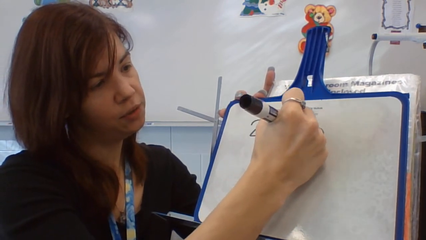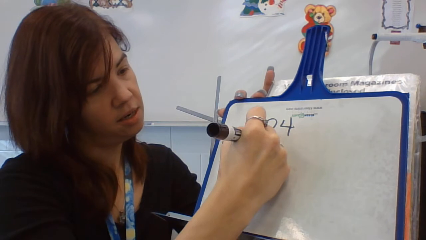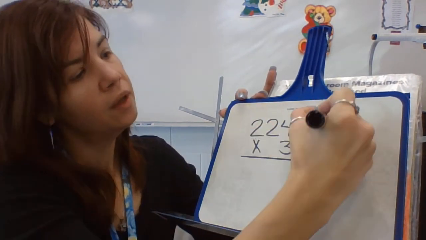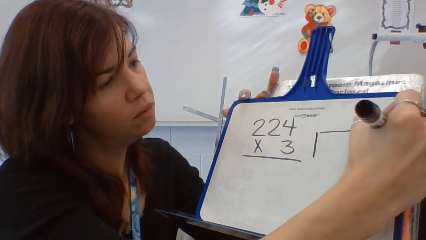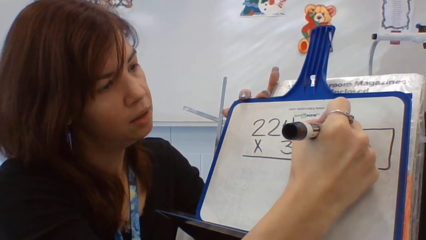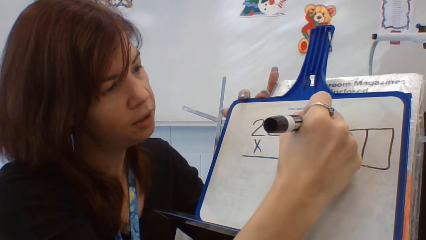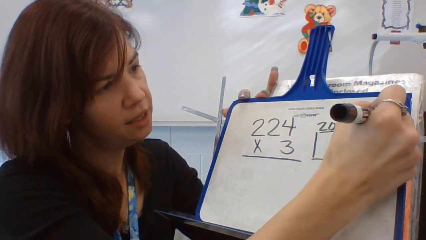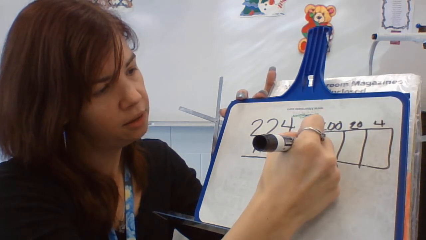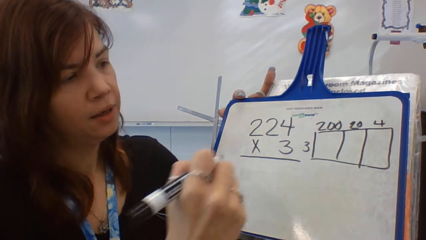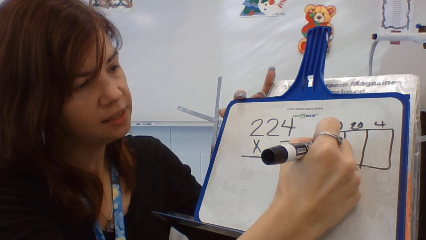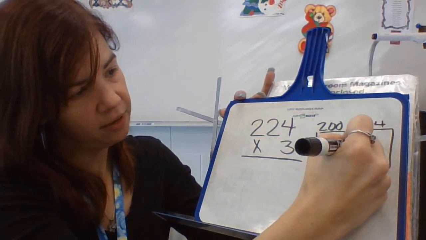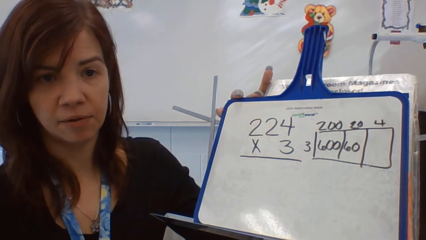So the next one is 224 times 3. For our area model, break it apart. 220 and 4. And there's our 3. 3 times 2 is 6, and I add in my 2 zeros. 3 times 2, there it is again, but I only add 1 zero.